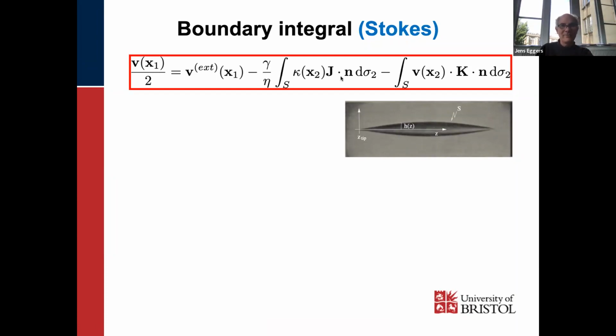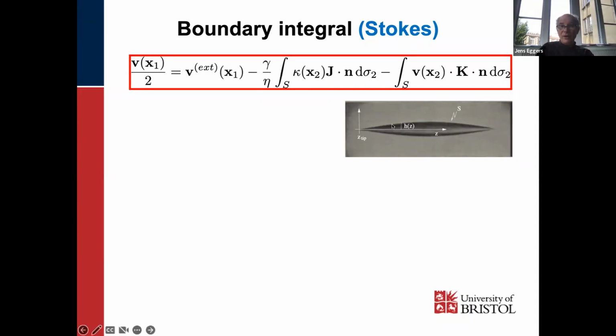Okay, so I'm solving the Stokes equation, which is the viscous inertialess limit of the Navier-Stokes equation. There is an ingenious way to solve this equation by thinking of an interface in the following way.